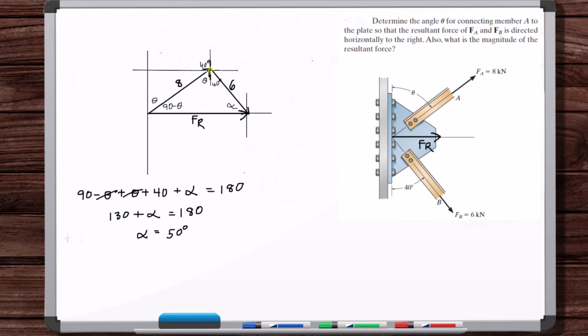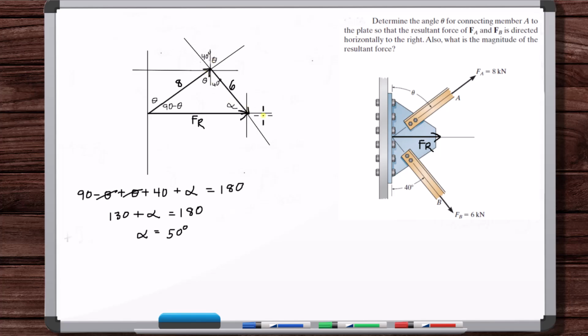If we extend this, what do we have? We should be able to match up this 40 somewhere over here. Well, I'm not sure what I put before. This is 40. This is theta.